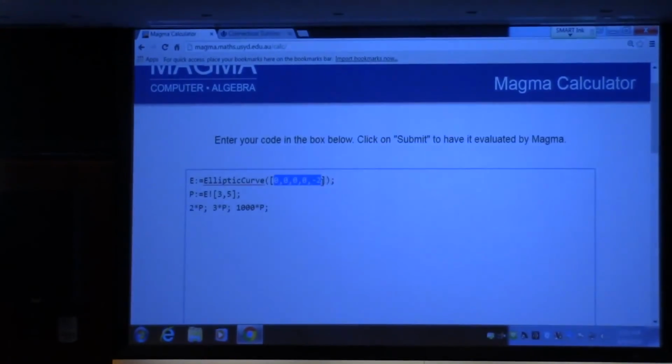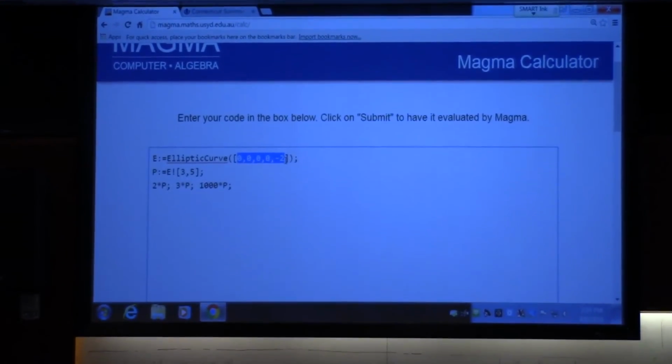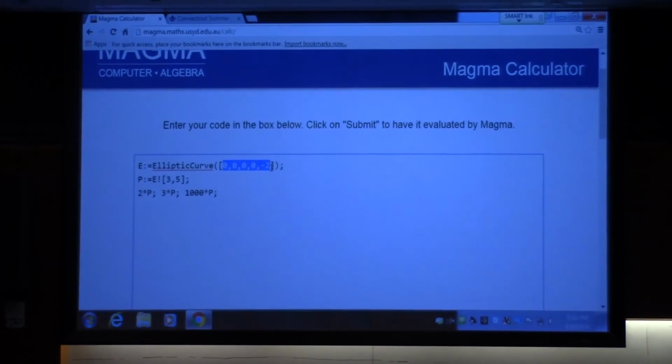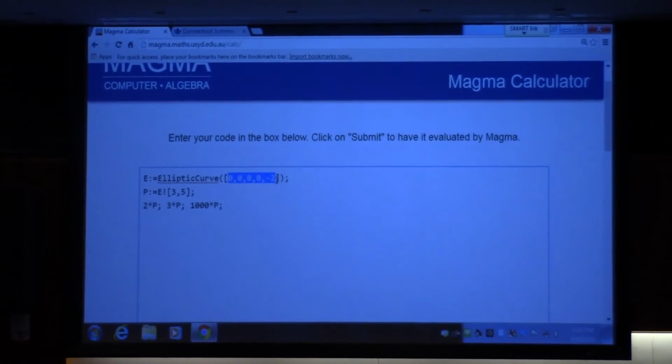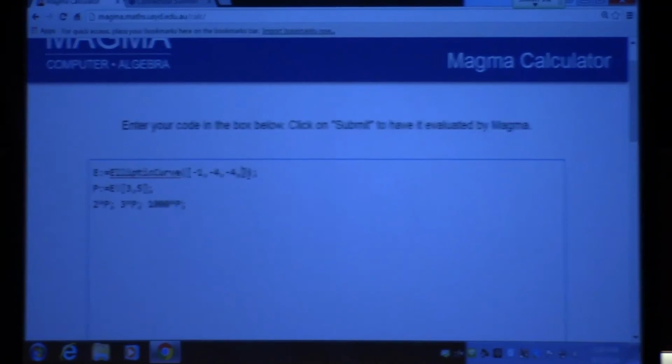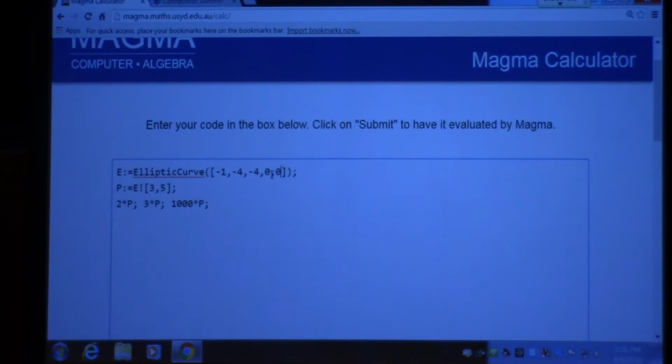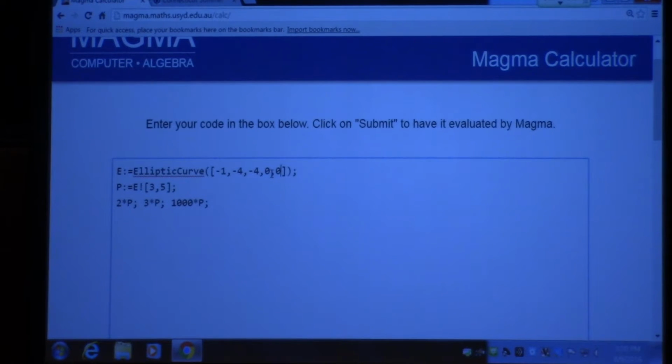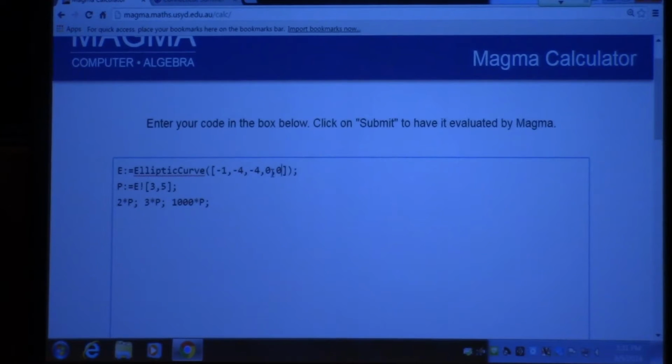I have here one such thing. So if I do minus 1, minus 4, minus 4, 0, 0, what elliptic curve is that? That's minus 1, and then the A2 goes here, so it's minus 4.